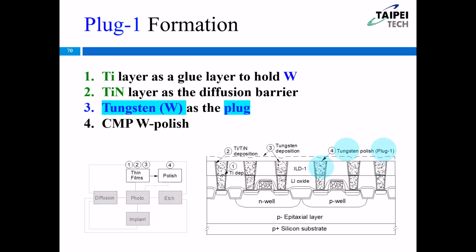Before that, you need to know we use Ti first, then TiN, and then it's followed by the tungsten. Okay. And of course, just like the copper, we need to CMP in order to have a very smooth surface, okay? So you need to know until right now, we need to deposit the oxide first, and then pattern the oxide.